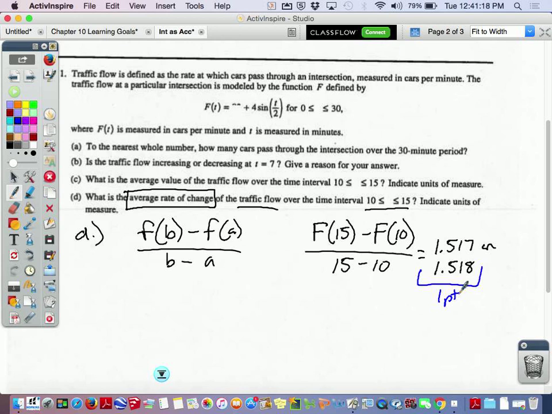Since this is telling us how the rate is changing with respect to time, the unit on this would be cars per minute, because we want to know how the traffic flow rate is also changing with respect to time. So we can write that as cars per minute squared.